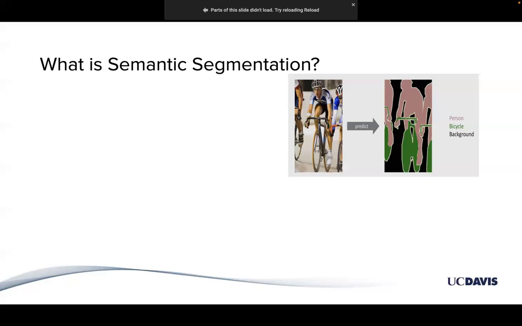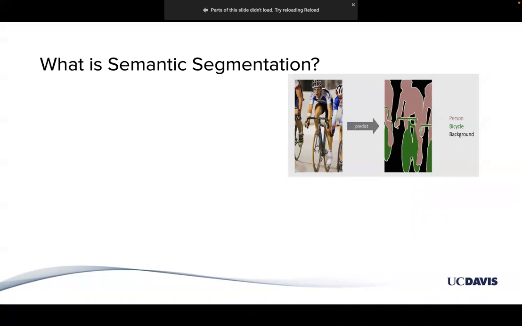Specifically, the goal of semantic image segmentation is to label each pixel of an image with a corresponding class of what is being represented. Because we are predicting for each pixel in the image, this task is commonly referred to as dense prediction.